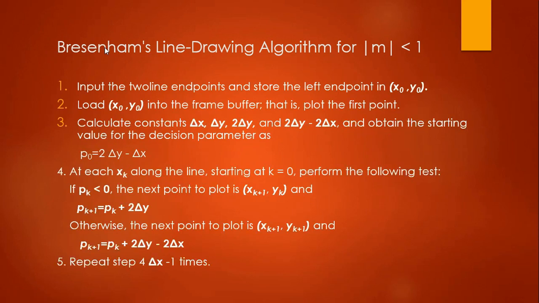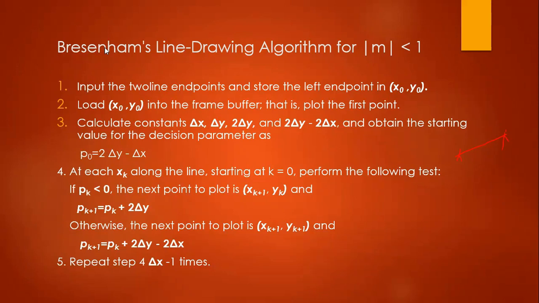Summarizing Bresenham's line algorithm, let us see how it works. Here the line algorithm is taken for m less than 1, that is, slope less than 1. Initially, input the two line endpoints and store the left endpoint in x0, y0.